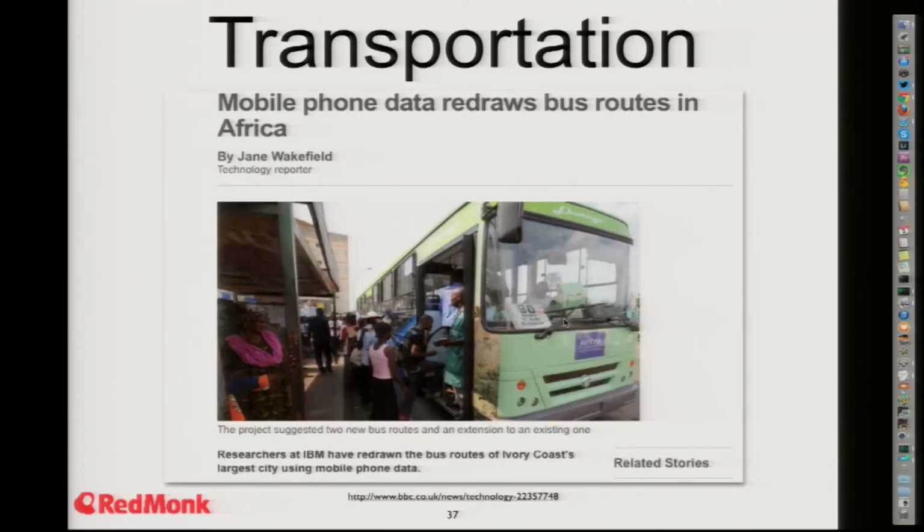Also in transportation, this is a lovely little example. Orange in the Ivory Coast took, I think it was 5 million Orange users, 2.5 billion anonymized records from their data, released it and said, okay, let's see what you can do with this anonymized data from our customers. It's a competition.